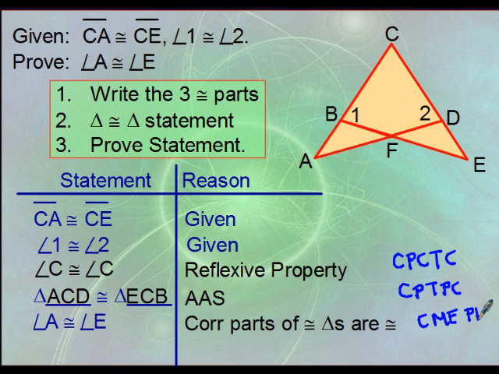So a lot of people will eventually begin to morph these letters, and next thing you know, they forgot what it means. In fact, a lot of times you'll simply ask, well, what does it mean? CPCTC. I don't know. So instead, I encourage you to write this out, and yes, it's a long statement, but it's not like it's an essay.